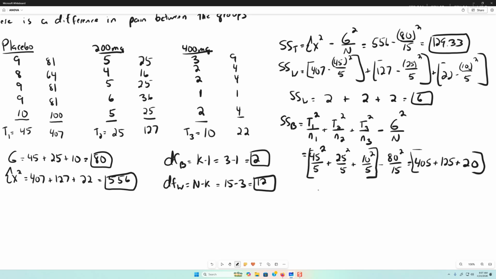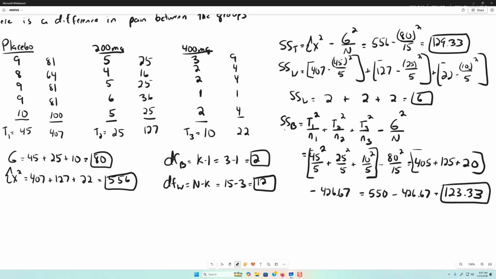So this minus G squared over N, which calculates as 426.67. So 550, which is 405, 125, and 20, that's these three, minus this, which is 426.67. And that gives me 123.33.